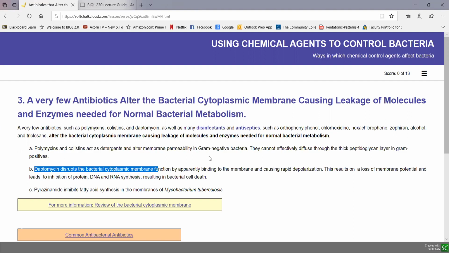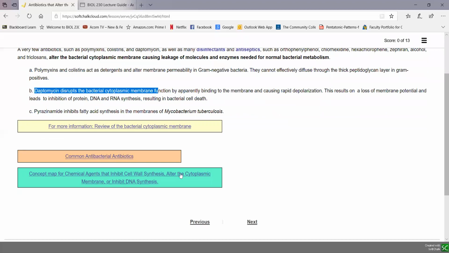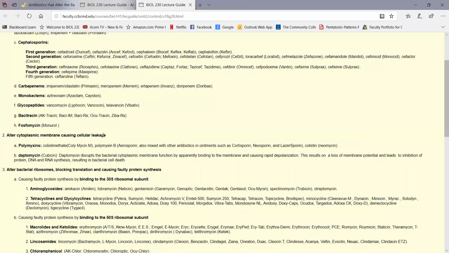So not too many there because membranes aren't all that different in nature, but we do have a few that we use against the bacterial cytoplasmic membrane. So as we see in our list here, these are the ones that alter the cytoplasmic membrane, like polymyxins and daptomycin.